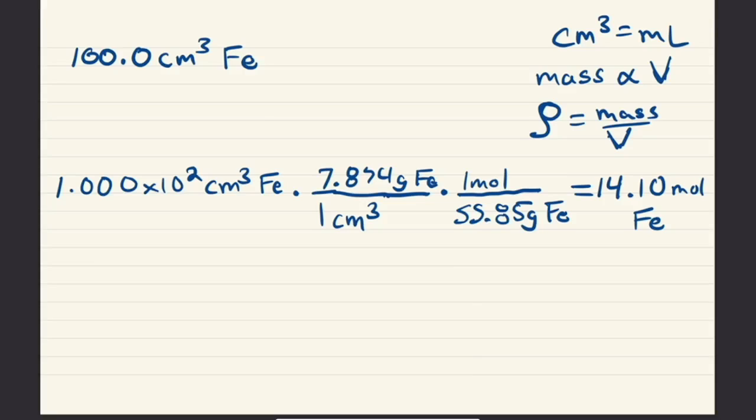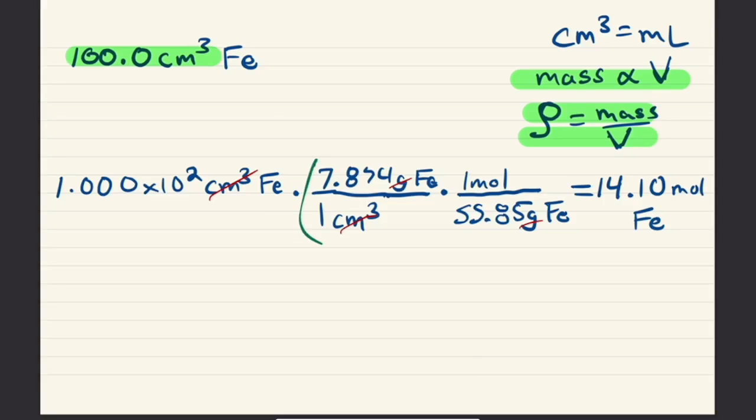What did we do here? Again, as a recap, we took a volume, knowing that volume is directly proportional to mass. Using the equation of density, we can look up the density, and maybe you will be given the density in a question on an assessment. And being given the density, you can utilize dimensional analysis to solve this problem by canceling units of centimeter cubed, units of grams, and leaving yourself with moles.